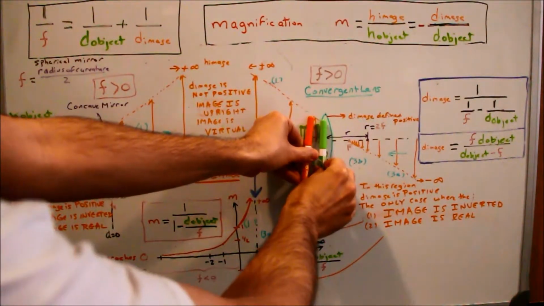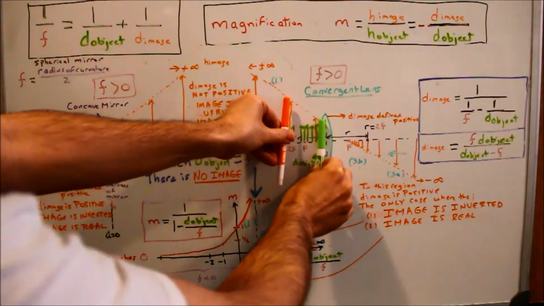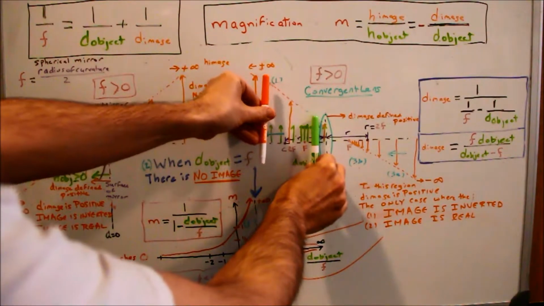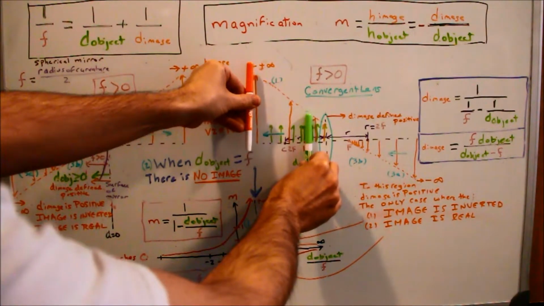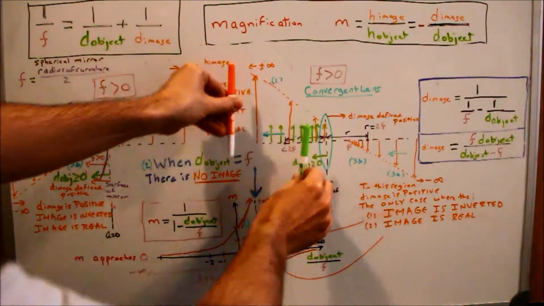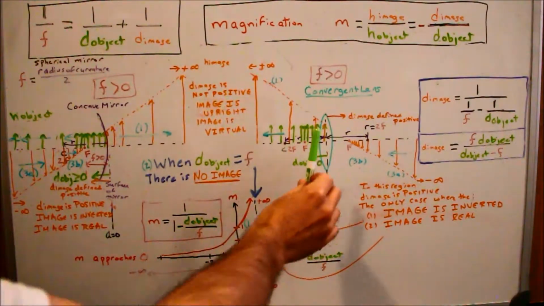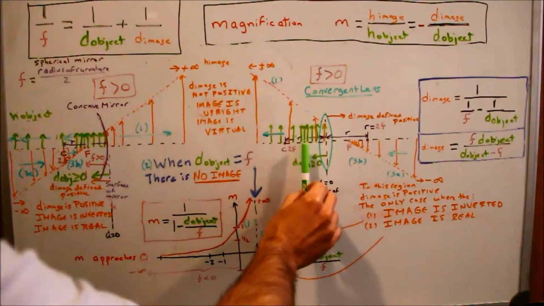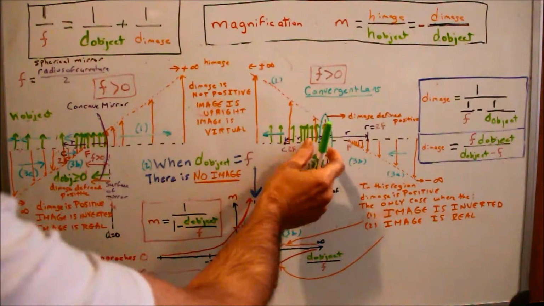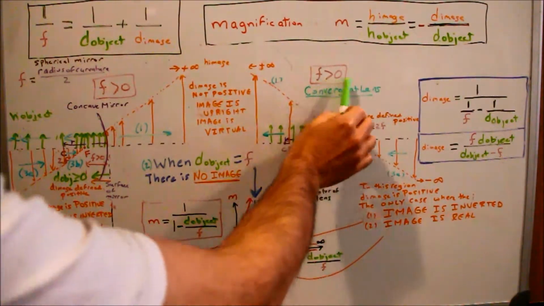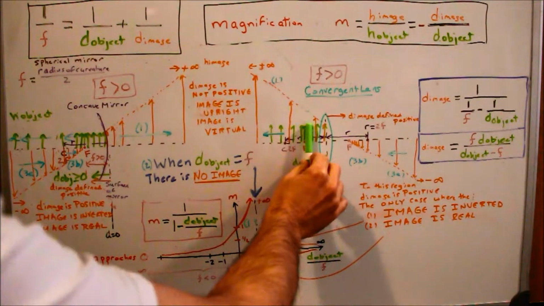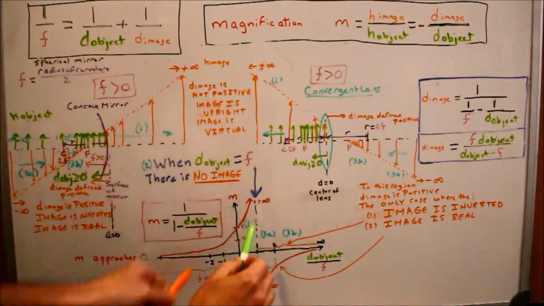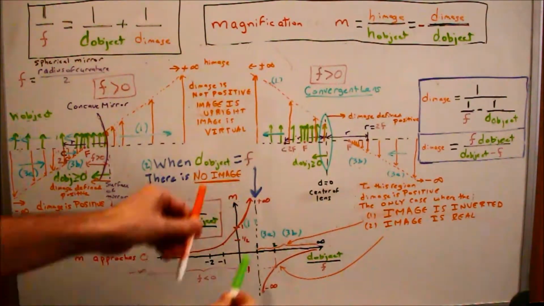So small movements in D object make the magnification factor increase, and as I start to approach the focal length, I start seeing the magnification approach infinity.